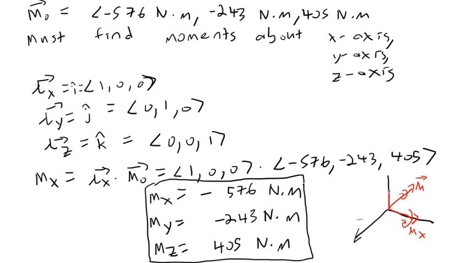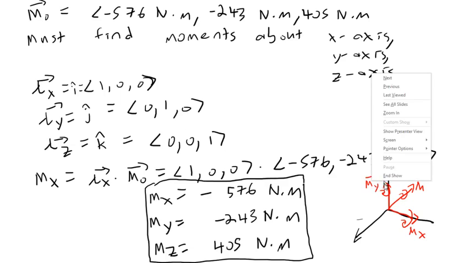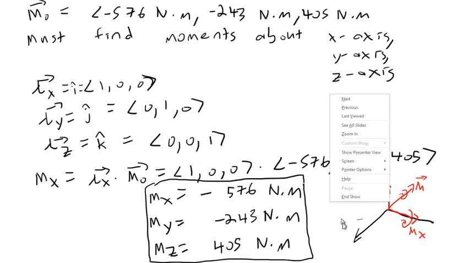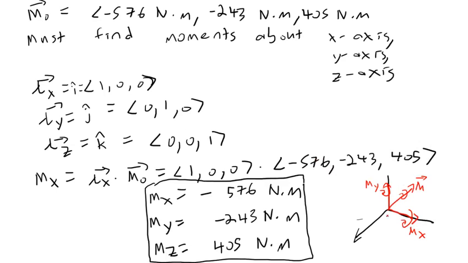It has another component, My, about the y-axis. And it has a component about the z-axis, Mz, like so. All right, questions on that?